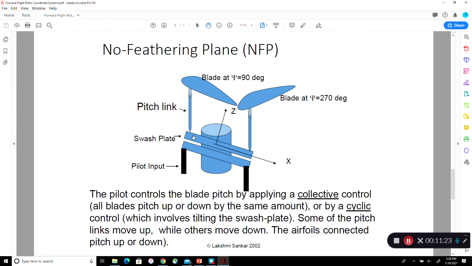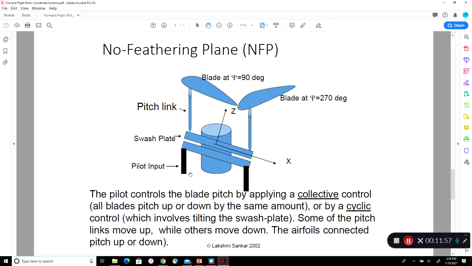The way it is connected, when the swash plate goes up in front of the pilot, the blade to the pilot's right at 90 degrees azimuth will pitch up. Same way, when the pitch link comes down, the same blade, when it comes to the pilot's left, will pitch down. So we produce cyclic pitch up and down by a very simple mechanical device, a swash plate.